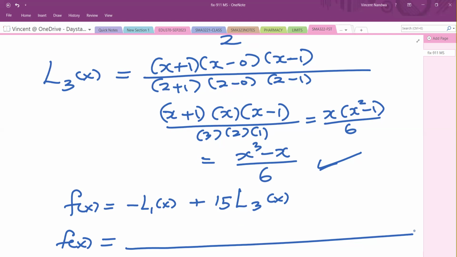Replace the values of L1 and L3 into f of x, and then simplify, collect like terms. Then tell me how does your f of x look?